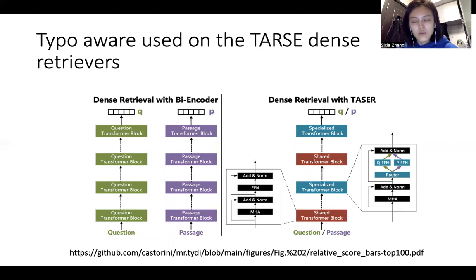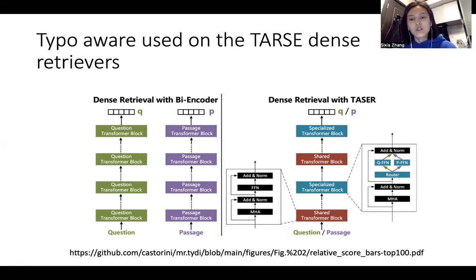Before the training, we need to know the difference between the dense retriever that we used in the original pipelines and the dense retriever used in this article. In this article, the dense retriever uses a shared transformer block, but in our original pipelines, the transformer blocks are independent for the queries and passages, while in this case they just share the blocks.